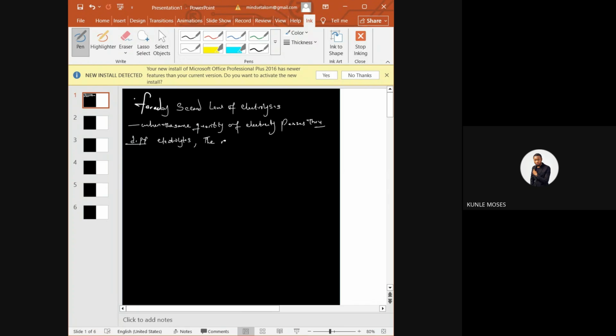The masses of substances are proportional to their chemical equivalent weights.